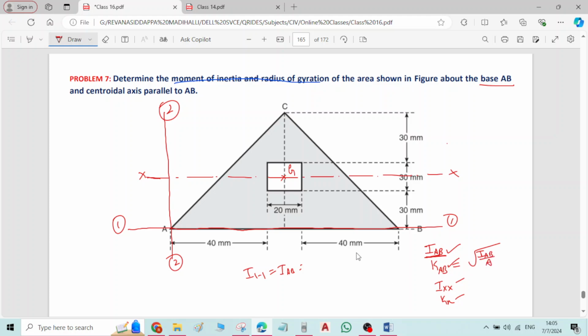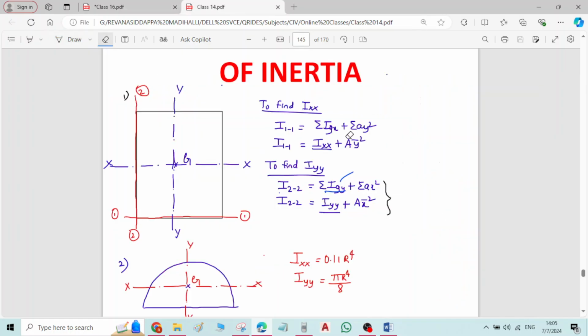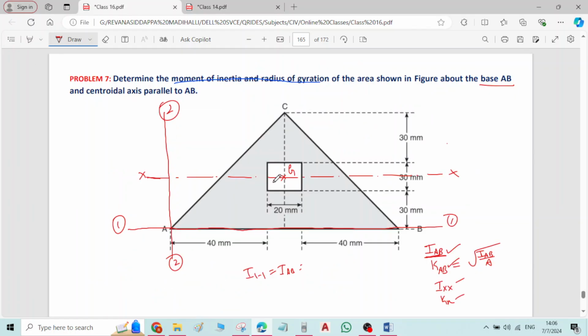So to find the moment of inertia about axis 1, we have the formula here: sigma IGX plus sigma AY square. Means we have to find area values, Y values, AY values and AY square values, and IGX is also needed. By this we will get the moment of inertia about axis 1, which is equal to the moment of inertia about AB.